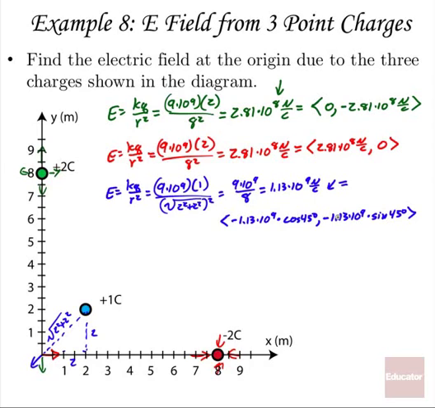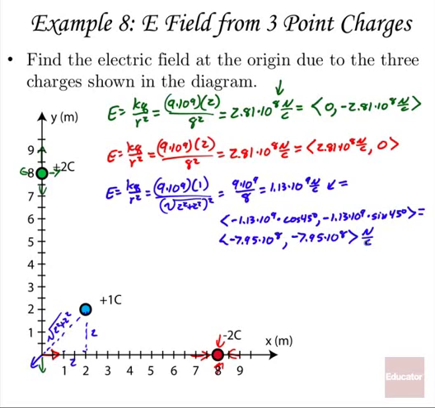Sine 45, cosine 45 is the same thing. When I run that through my calculator, I find that that's going to be about negative 7.95 times 10 to the 8th for the x, and negative 7.95 times 10 to the 8th for the y, all in newtons per coulomb.